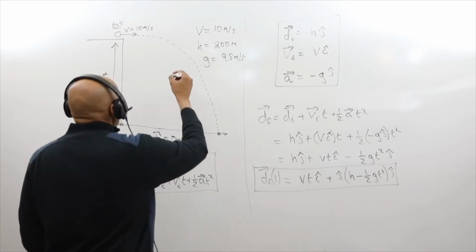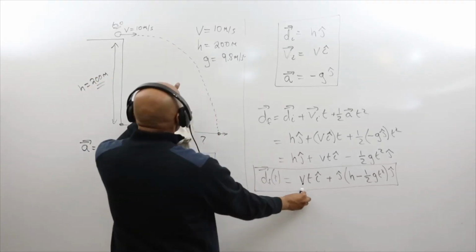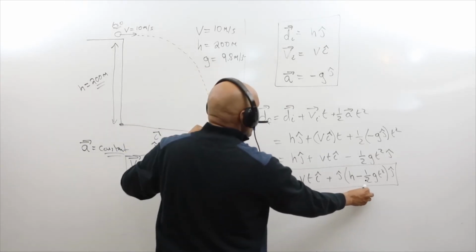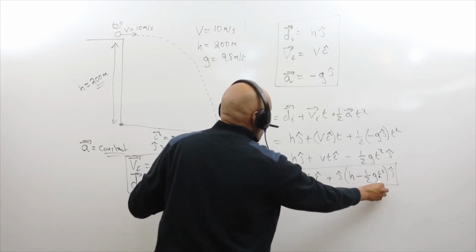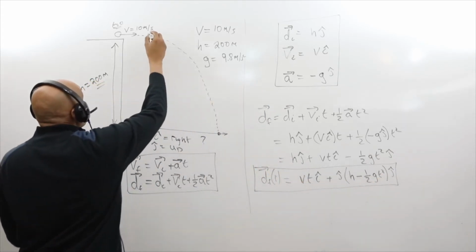At any time, if t is equal to 1, I just plug in the values: v is 10, t is 1, h is 200, 1/2, 9.8, 1 squared, and I get a position in space. It tells me exactly the position at different times.